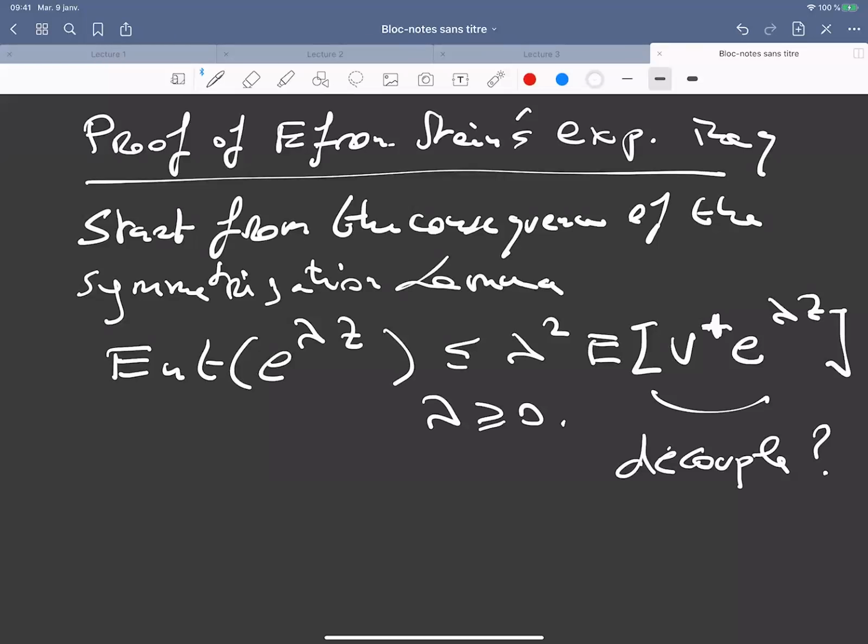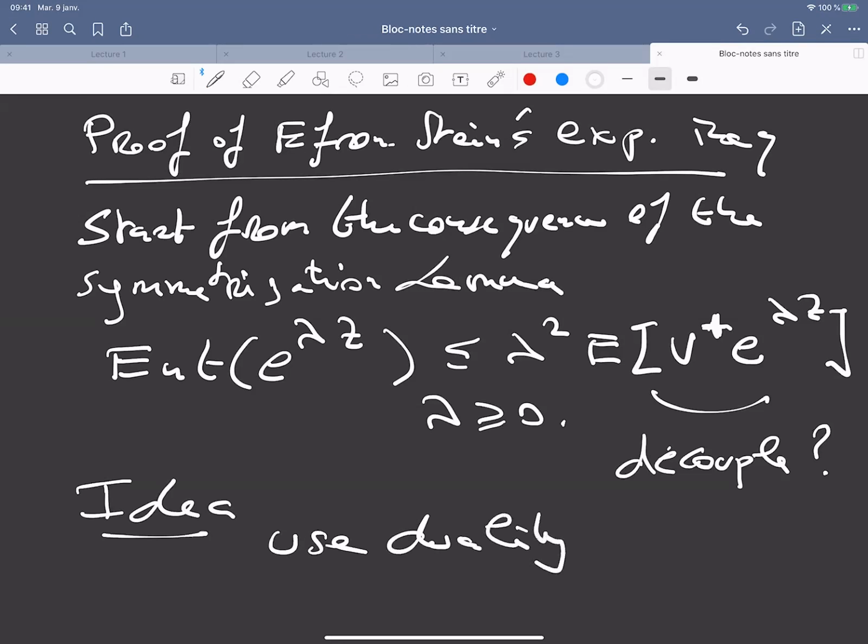And the argument is to use the duality between exponential and x log x. That is, finally, again, the duality formula for entropy. So let's see how it works. So the idea: use duality again.